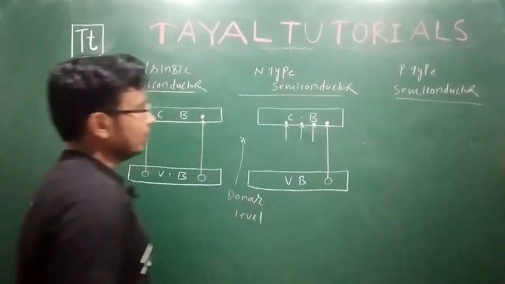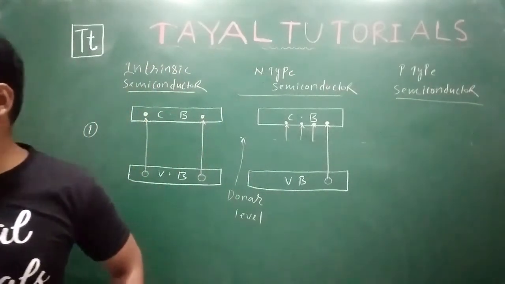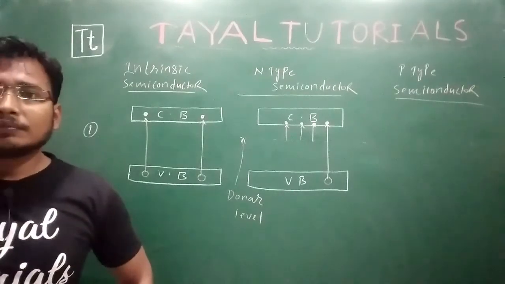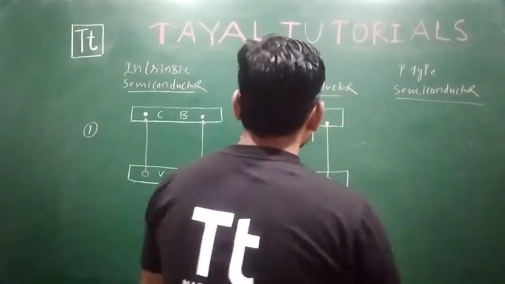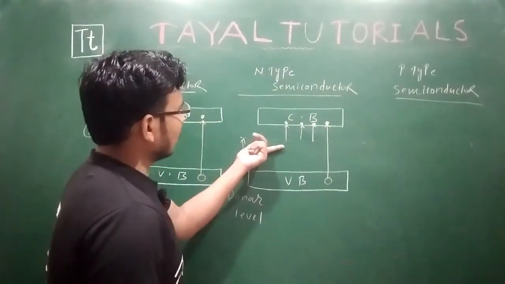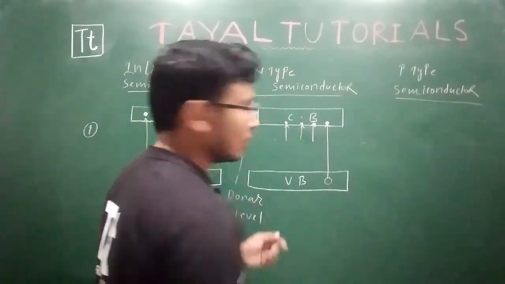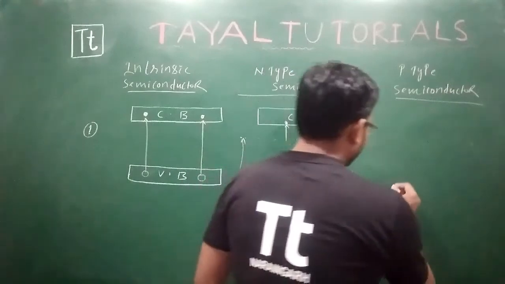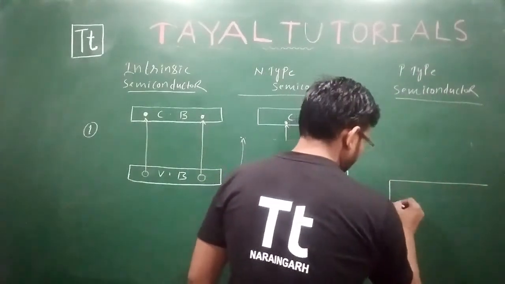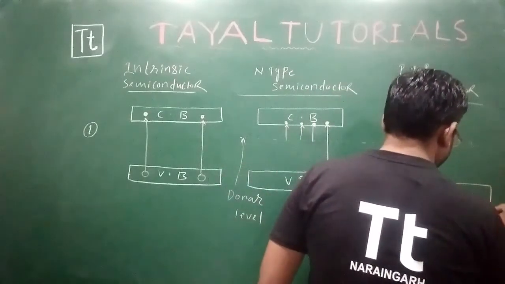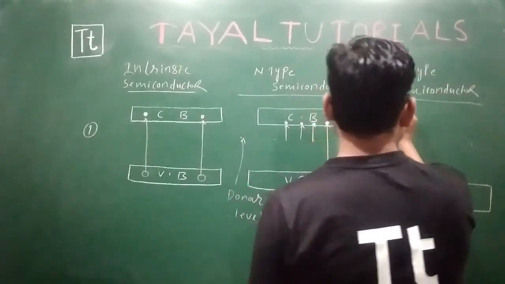Similarly when it comes to the p type of semiconductor, there is one acceptor atom, and that valence band, conduction band. So the question is, if the donor level is near to the conduction band, your acceptor level will be near to the valence band. So let me draw that. This is your valence band, and this is your conduction band.